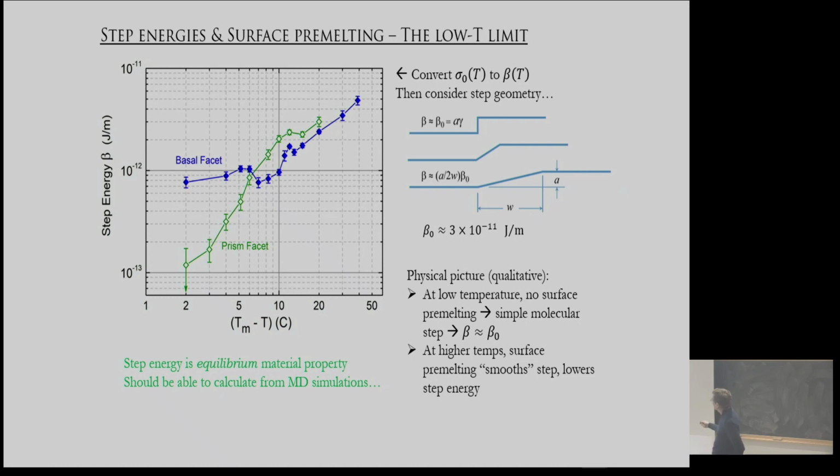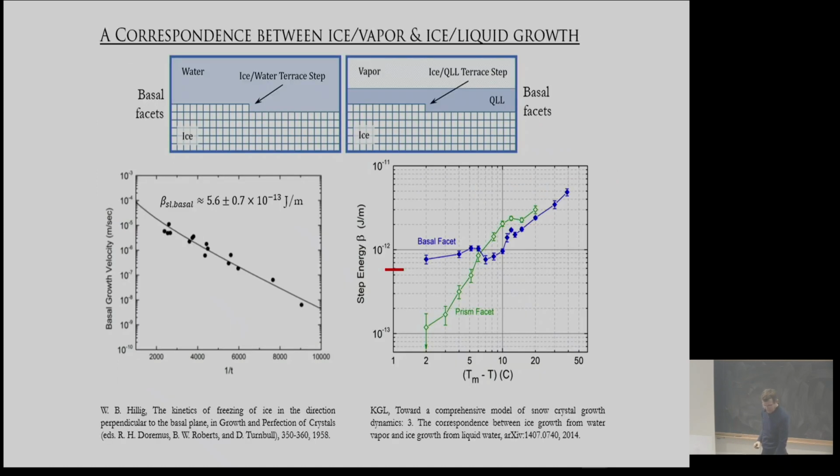And then as the temperature goes up, the surface structure changes, and pre-melting or whatever phenomena just smooths that step as it relaxes. Okay. So that's the explanation that I have in my head for why you see this change with temperature, which is pretty substantial, 2 orders of magnitude.